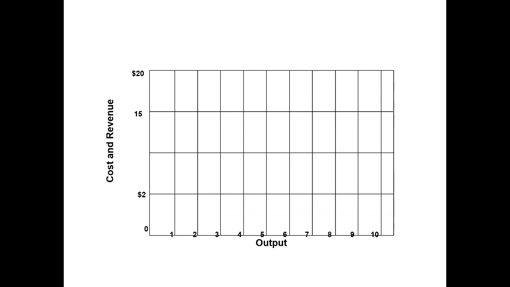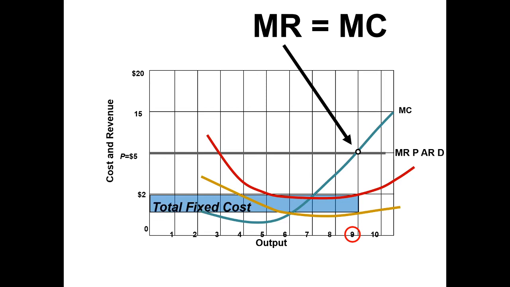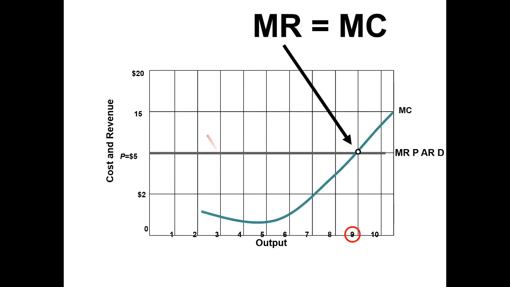Now, put it all back together. There's my ATC curve. There's my AVC curve. The gap between the two of those curves is my total fixed cost. So let's take one more graph. Right? That's my total cost.